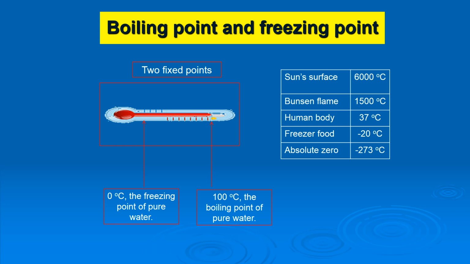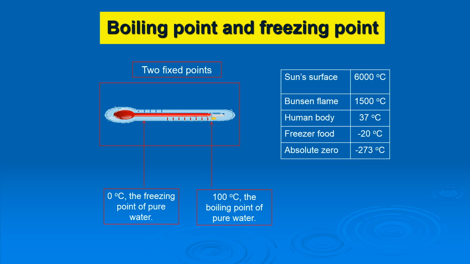Following is a list of temperatures at different regions and situations. On the Sun's surface, temperature reaches 6,000 degrees Celsius. A Bunsen flame can reach a temperature of 1500 degrees Celsius.